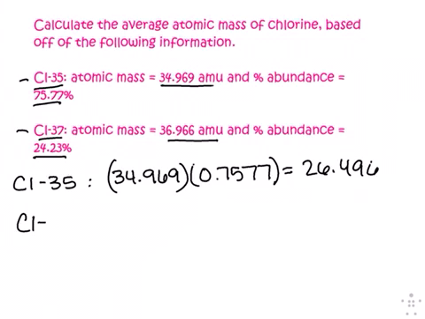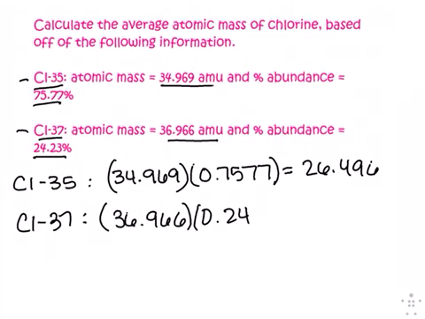So then do the same process for chlorine 37. Your given mass here is 36.966. Multiply it by the percentage. Remember to take the percentage into decimal form. And what do we get here with the arithmetic? All right, what did you get? 8.956.